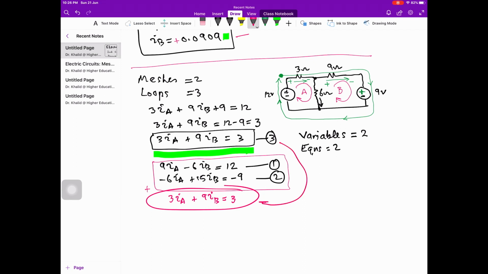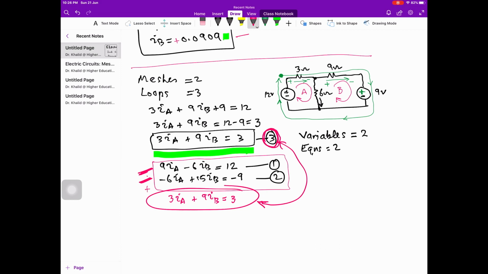Compare this with the third equation which we wrote for the outer loop. It was an additional equation, but the already existing equations, equation 1 and equation 2, can be added to give this equation 3.